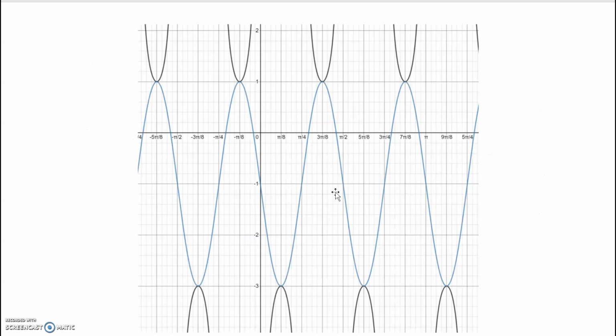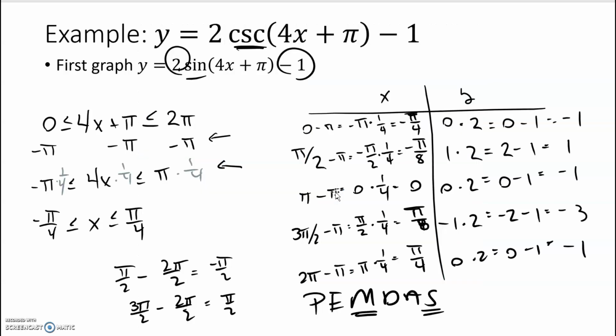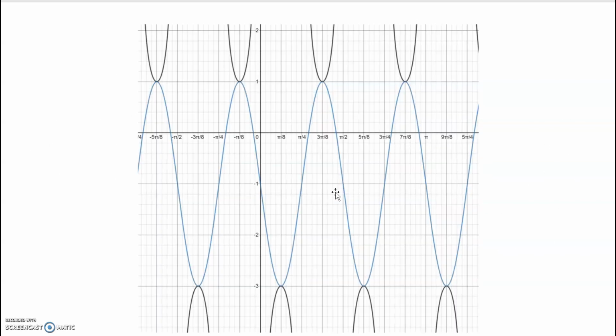Okay, so this blue graph here is my sine function. So the first ordered pair is negative pi over 4, -1. Okay, so negative pi over 4, -1 right here. And then I have a negative pi over 8, 1 right here. Then I have 0, -1 right there.